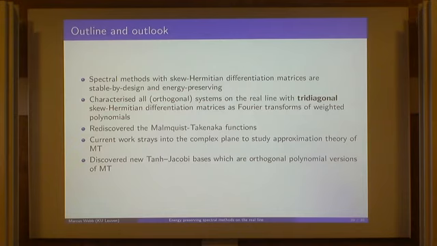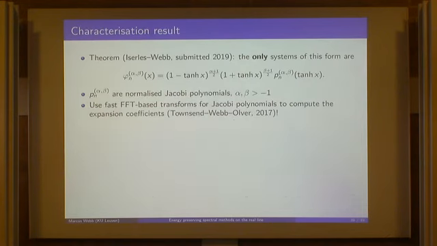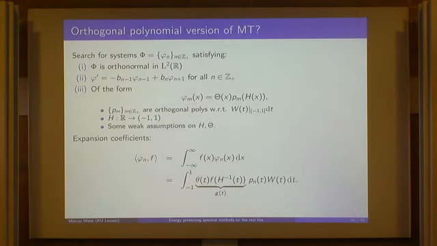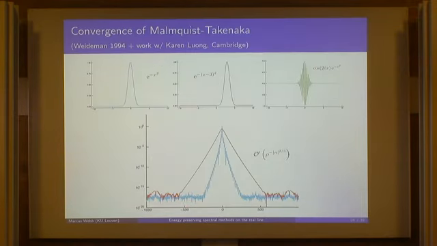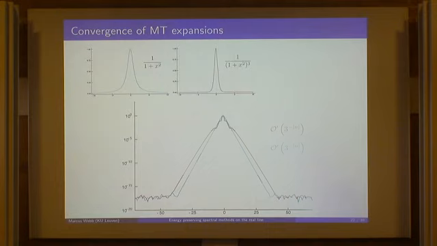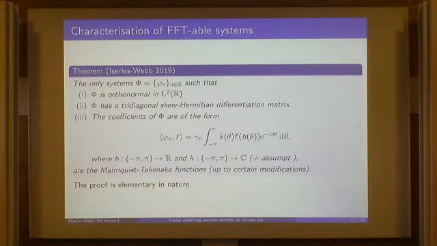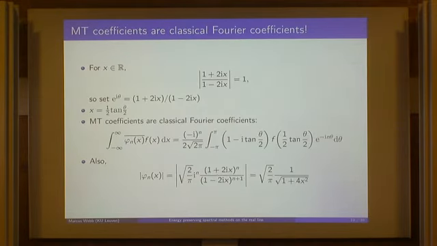Well, one thing that is surprisingly similar is that the interpretation that we arrived at Tanh-Jacobi functions was through a mapping. We said we're going to map from the real line to an interval and use orthogonal polynomials on that interval. That's the tanh map. Then what we found for Malmquist-Takenaka is they have a similar property. They're mapping the real line to an interval, but it's actually an inverse tan map.